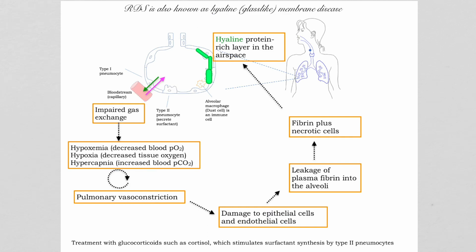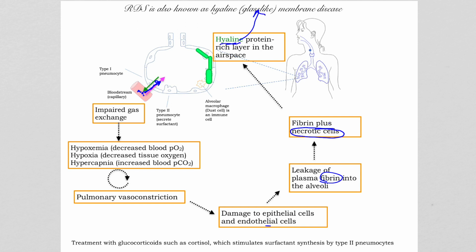When these endothelial cells are damaged, all the proteins in your plasma are going to start leaking out. Proteins such as fibrin, and many other proteins, will start leaking out. And when proteins such as fibrin mix with the cells that are dying, the proteins start aggregating and forming a layer that looks like glass.